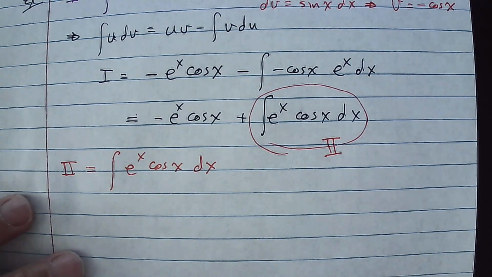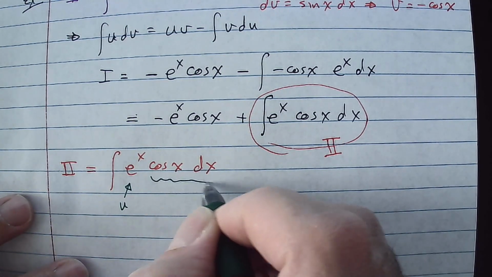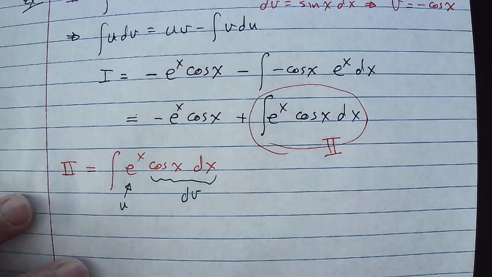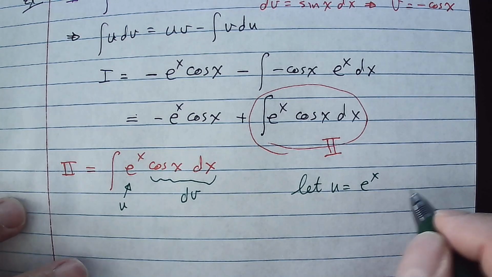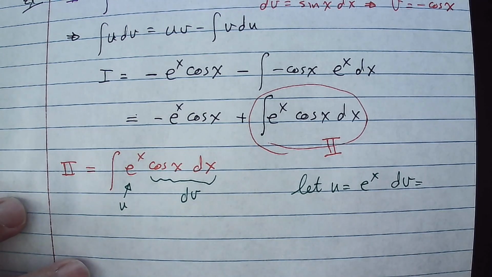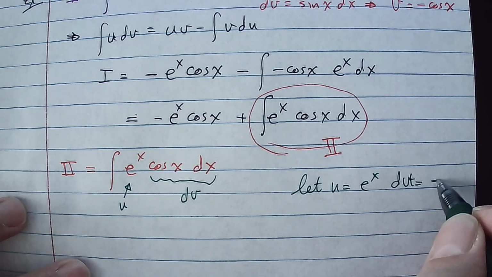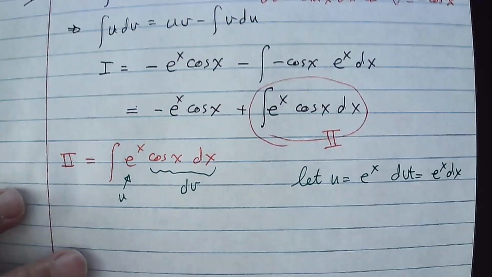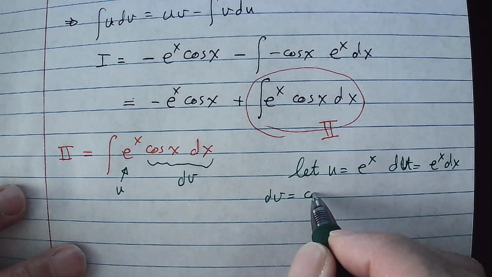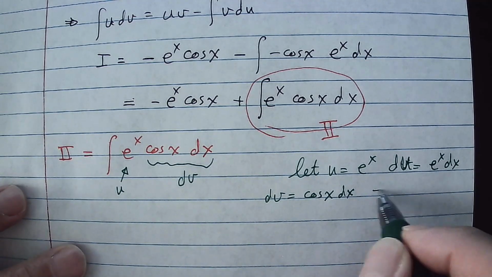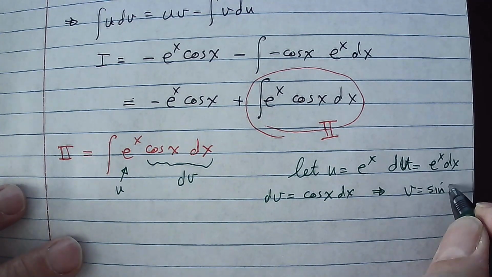If I take now e to the x as u, cosine x dx as dv, then let u equal e to the x, du is e to the x dx, and therefore dv is cosine x dx, and if I integrate the cosine, it gives me sine x.